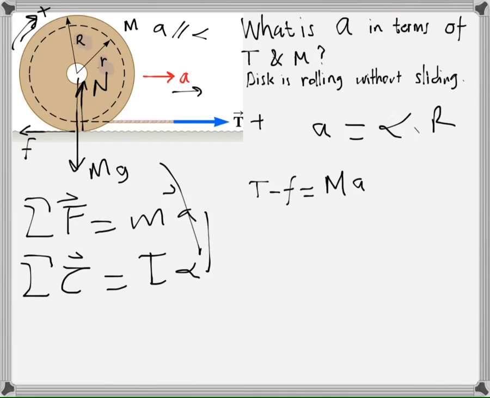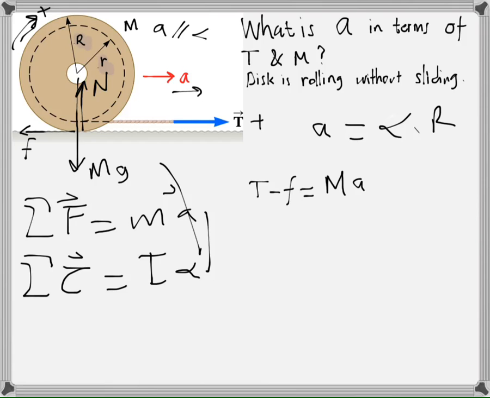So with this choice of plus direction of rotation, what is the torque provided by F? The inner radius is small r, the outer radius is capital R, you see here. If you want to write down the torque provided by the frictional force F, is it plus or minus?